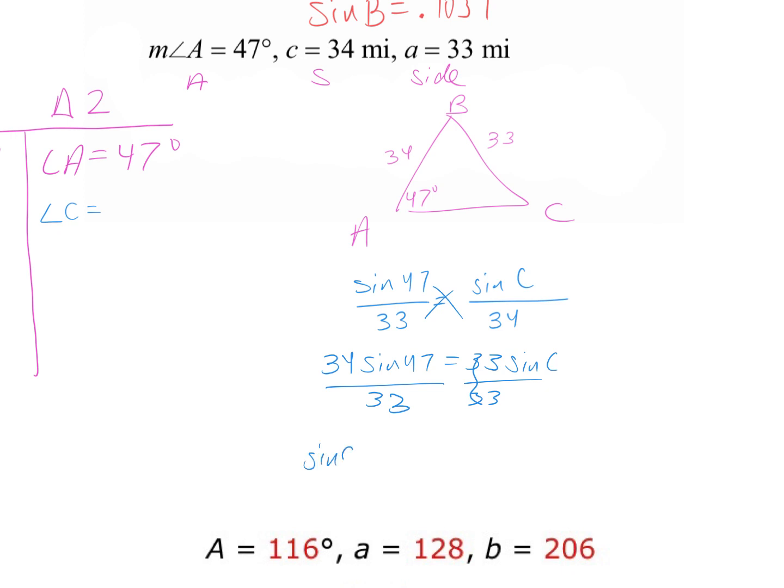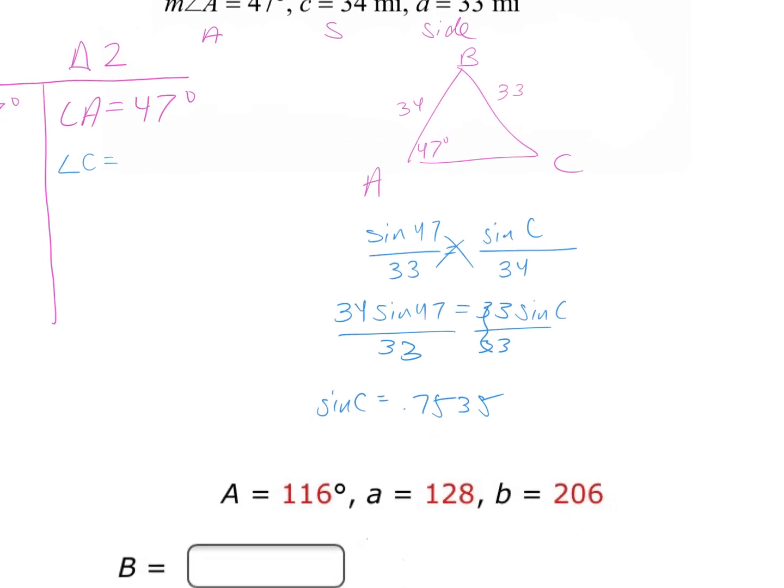And you get sine of C is what? 34 sine 47 over 33, which is 0.7535. So second sine, second answer. And I got 48.9. You guys with me? Okay, so angle C is 48.9 degrees.